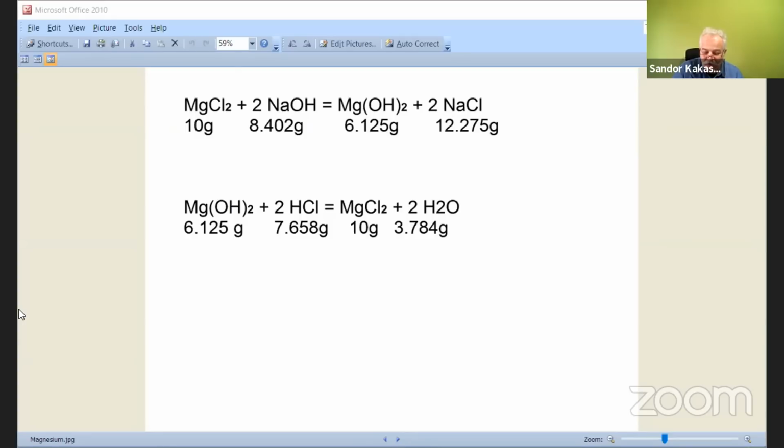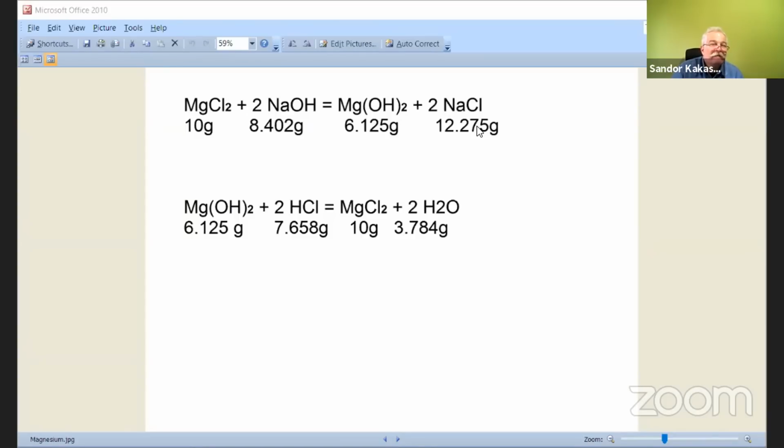It's a transparent solution. Then we add sodium hydroxide. It makes a double substitution reaction. So the OH goes to magnesium and the two chlorines go to the sodium. As a result, you will have magnesium hydroxide and sodium chloride.